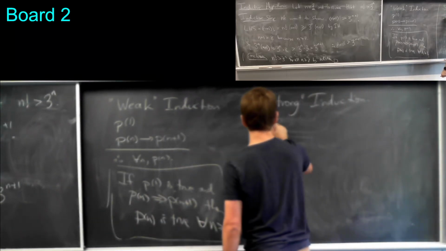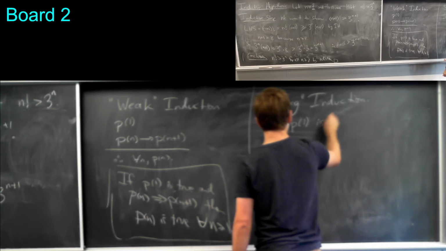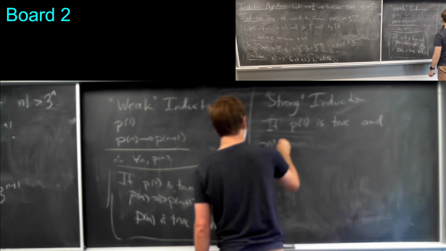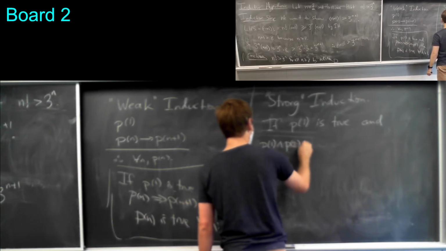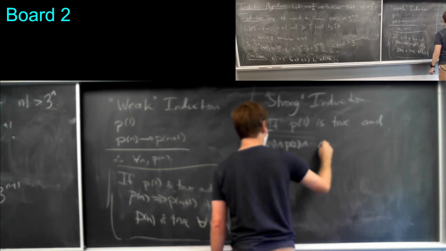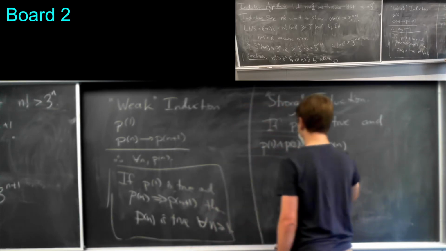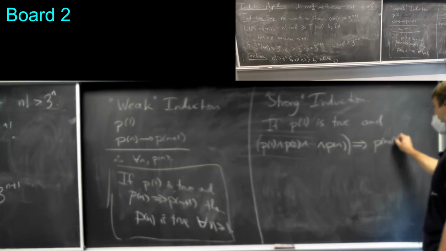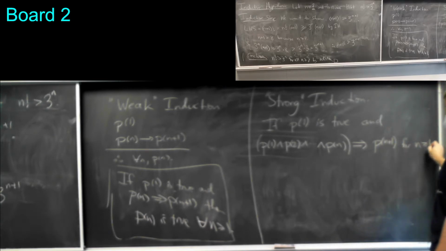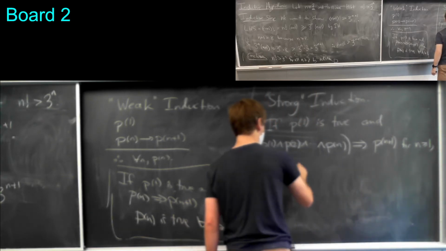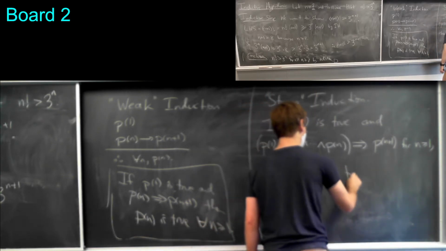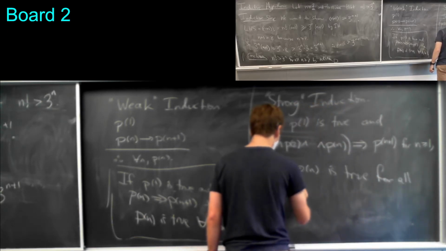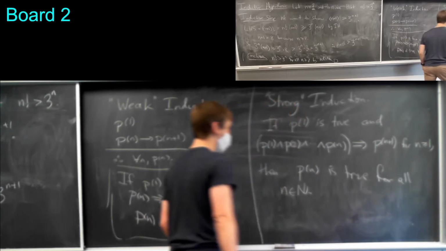So if P1 is true, and the statement P1 and P2 and so on up to Pn logically implies Pn plus 1 for n at least 1, then Pn is true for all natural numbers n, or all n at least 1.